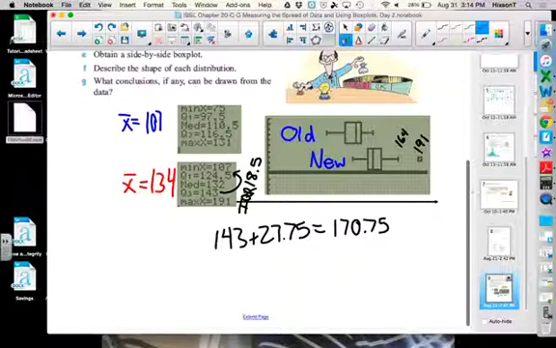Okay, what about the lower 50% of that compared to the upper 50%? What were you going to say?